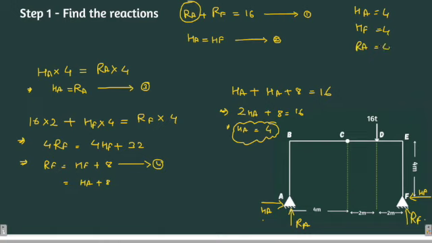RA is again 4, and what is RF? It is 12 from equation number 1. RA plus RF is 16. So RF must be equals to 12, right? So these are the values which we got from the equations. I hope this much is clear for everybody.